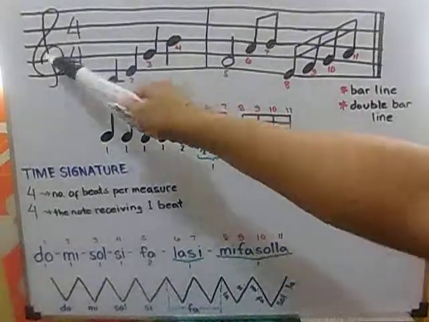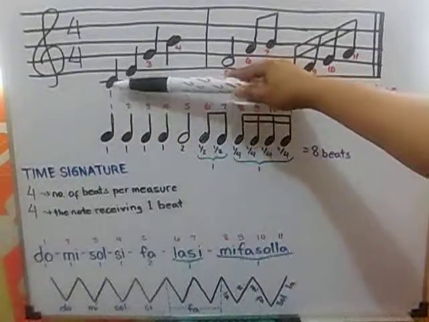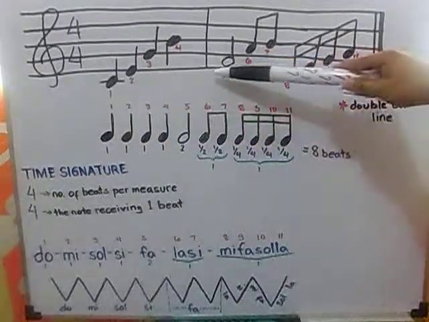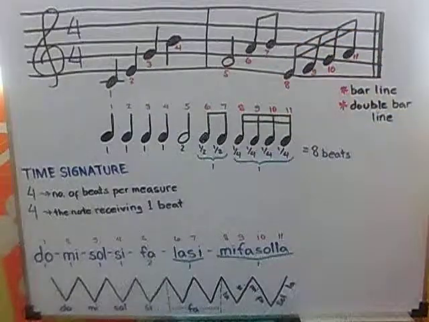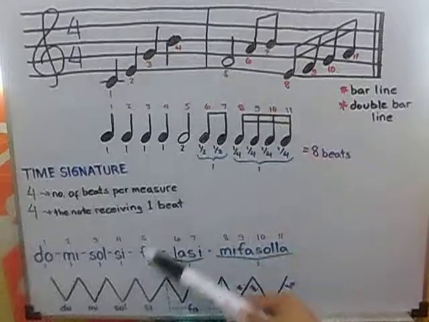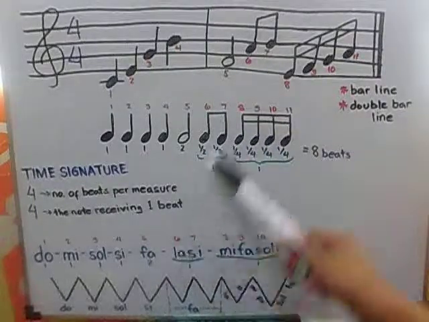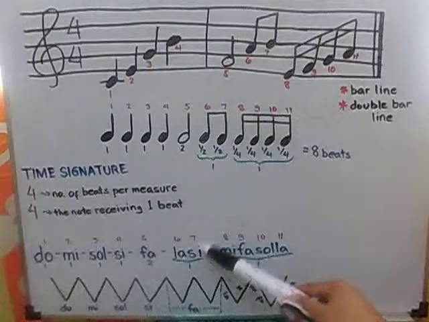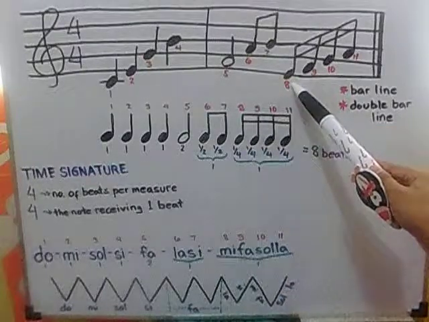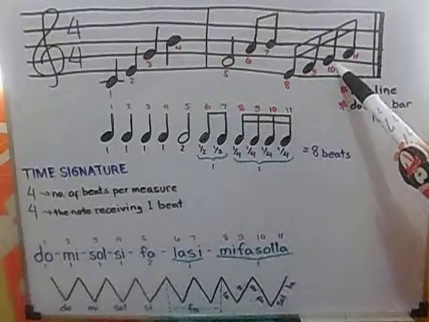Remember, we are using the G clef, that's why we have a particular pitch for each line and space. So, let's proceed. Number 5 is fa. 6 is la. 7 is si. 8 is mi. This is fa, sol, and la.